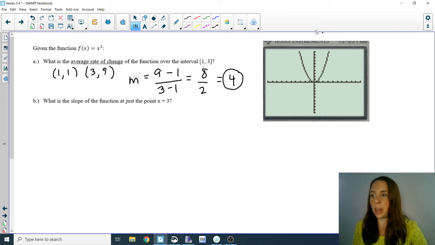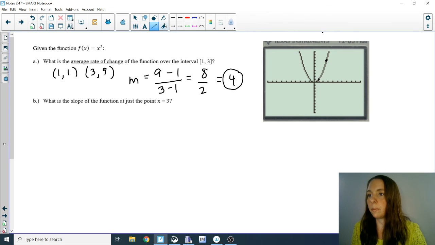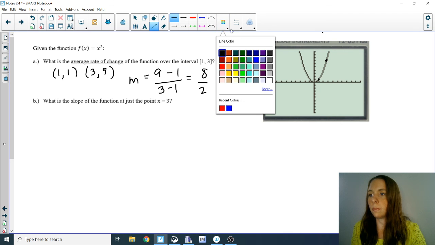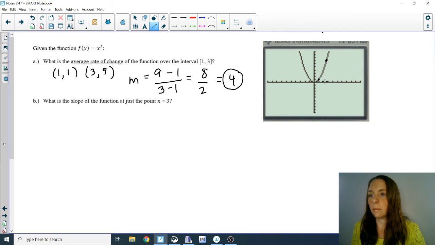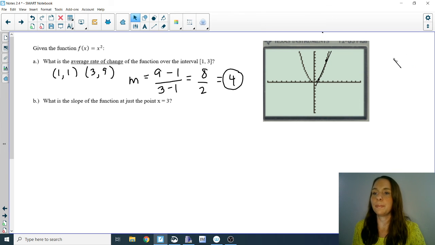We started at (1, 1), we went to (3, 9), and we found the slope of this secant line through two points. Oops, didn't want that. Sorry.